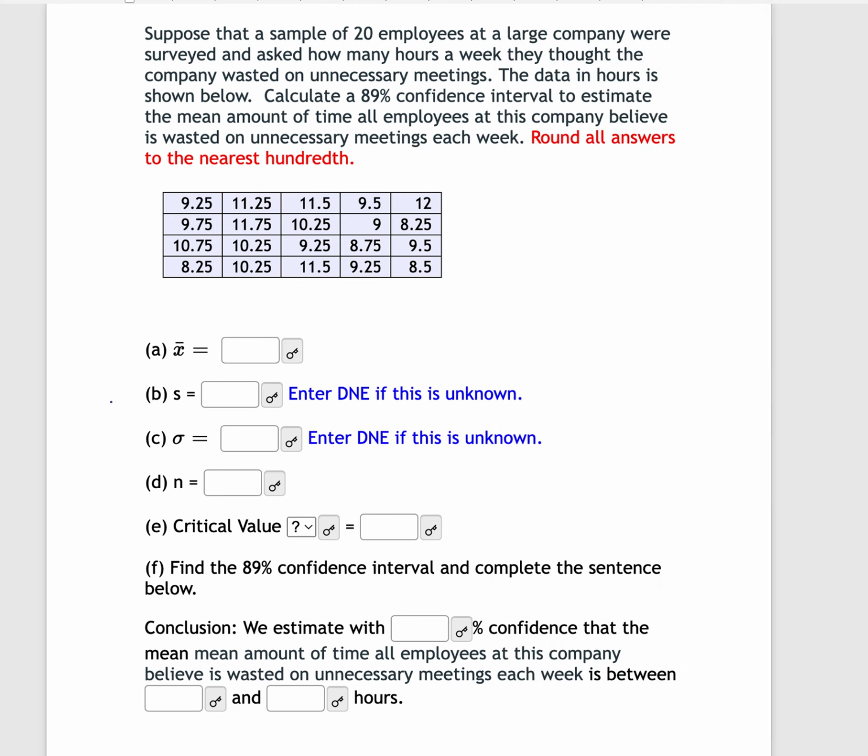Let me write that down. So we have 89% confidence. That's going to go here. And then our lower limit, we said, was 9.49. We got that from our confidence interval. And then the upper limit we said was 10.38.